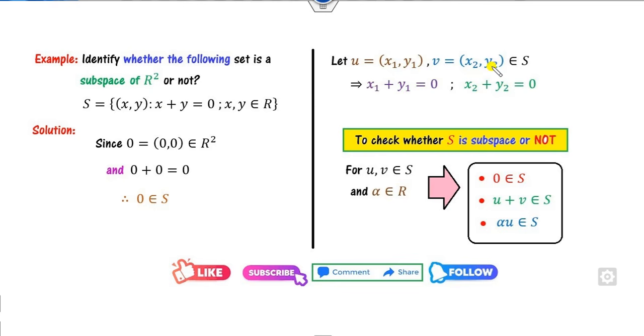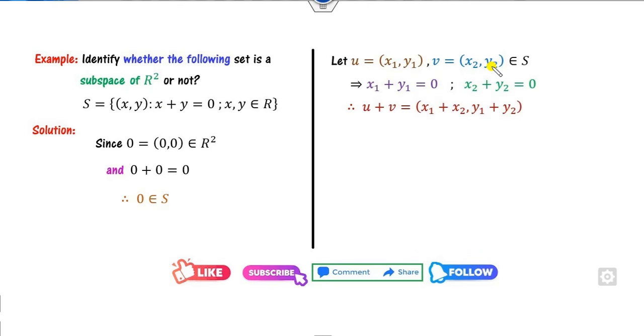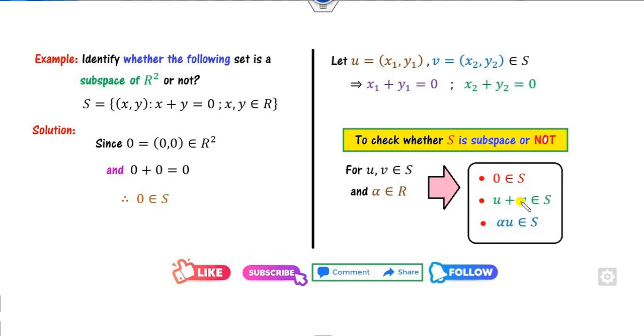Then I can take u plus v. U plus v will be this quantity. Then your target is to prove this number will be satisfied and this number will be satisfied. Or before you start, you can think, can you find the value of alpha so that this property is not satisfied? It is always satisfied because it's linear in nature. Fine.